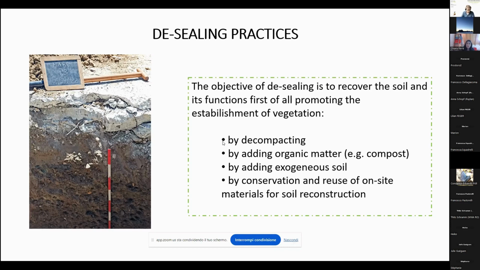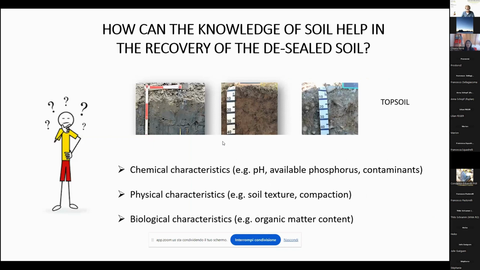So the topsoil removed can be used for desealing practices, for example. And another solution is to conserve and reuse the on-site material for soil reconstruction. And I will show you our experiment in which we are reusing on-site material in Milan. So the importance of soil knowledge is clear.